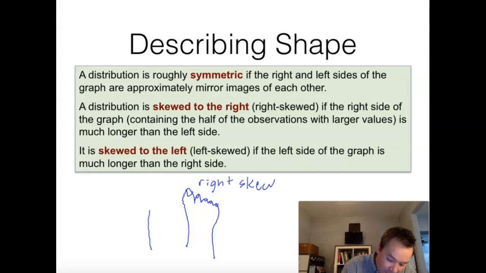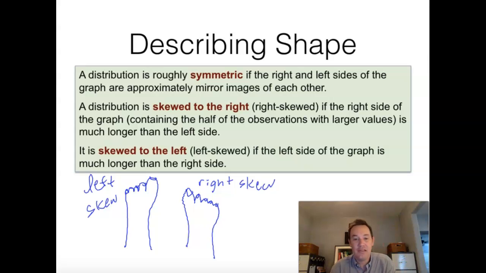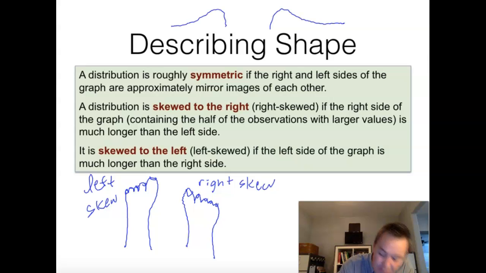And then your left foot, again, big toe, smaller toe, smaller toe, smaller toe, smaller toe. And so your left foot would have a left skew. So that's how to remember it. But the general idea to remember: the right skew tails off towards the right, the left skew tails off towards the left.